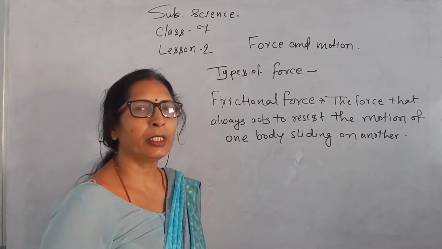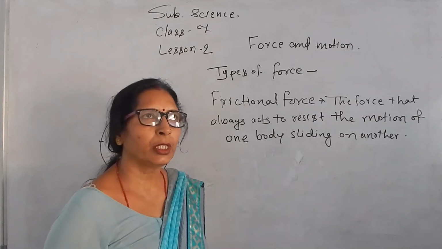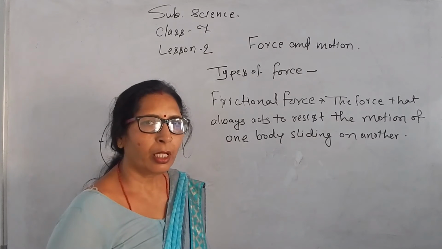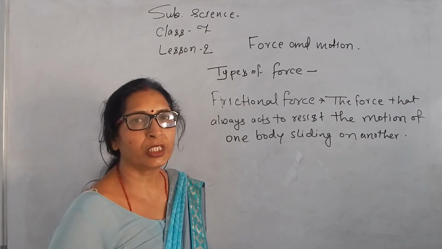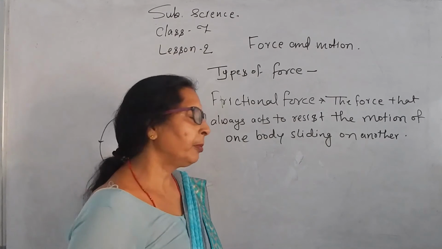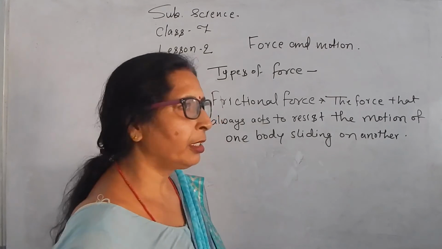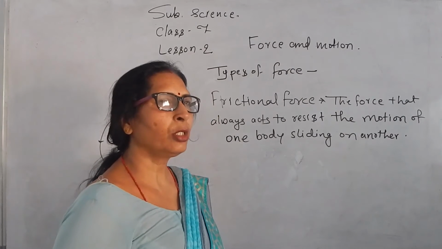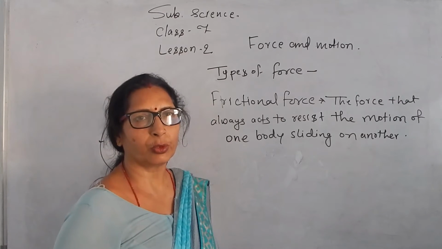What is the main reason due to which the frictional force stops, or resists, the motion of the ball? The main reason is that the surface is not completely smooth.